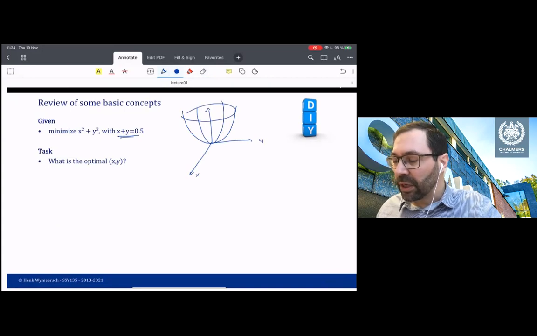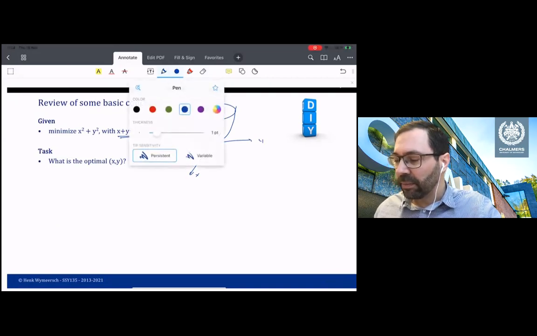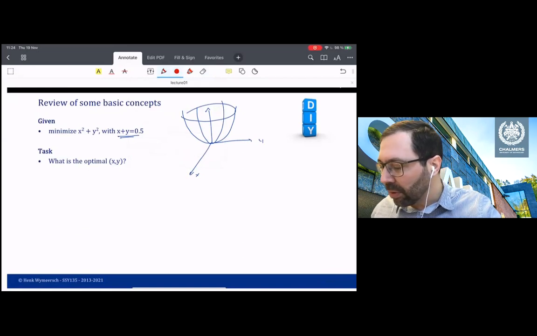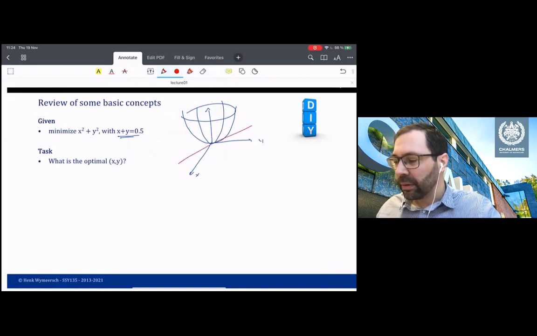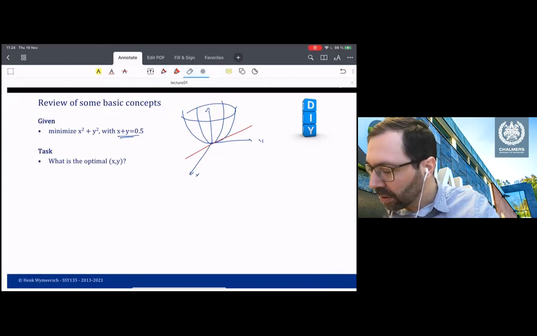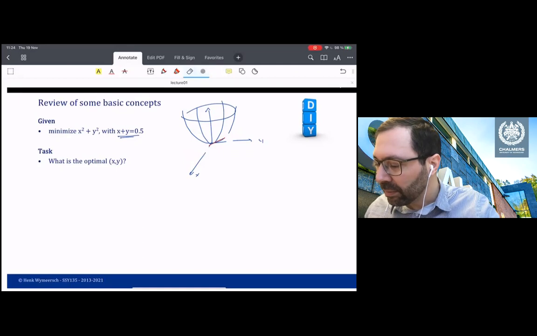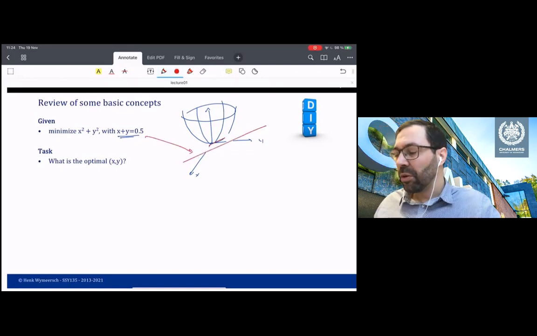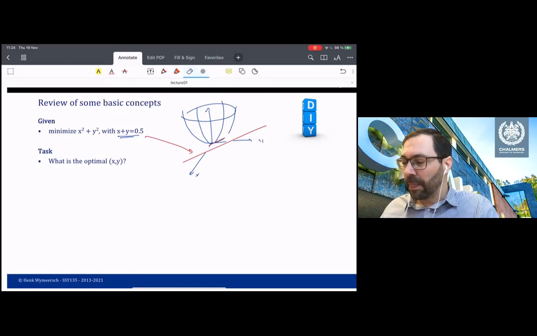This determines a line here. I'm not going to draw it exactly, but this is some line. Actually, it should not go through the origin. This is what this constraint says. And then you want to find the minimum of this function where x and y should satisfy the line.